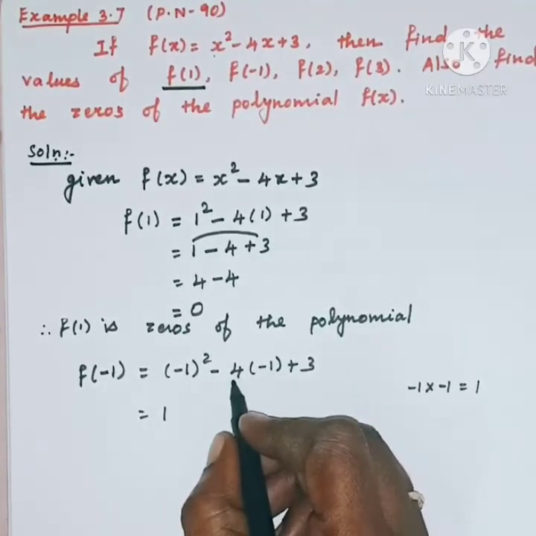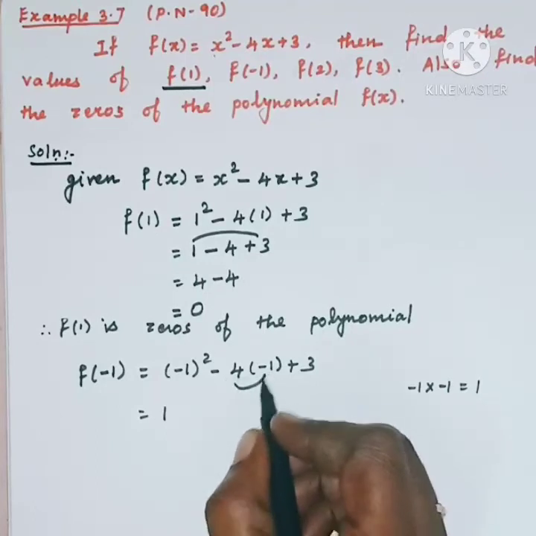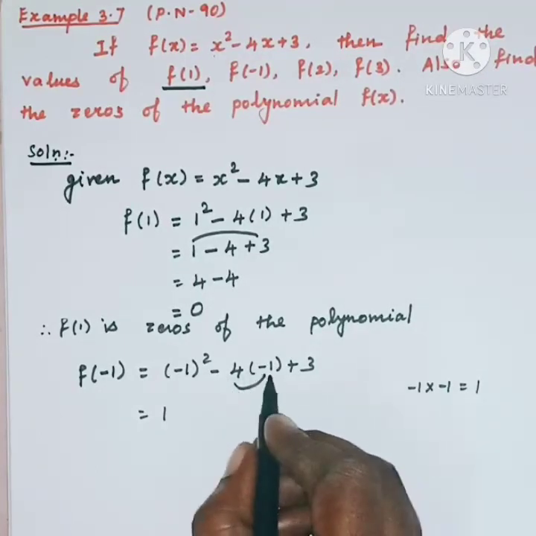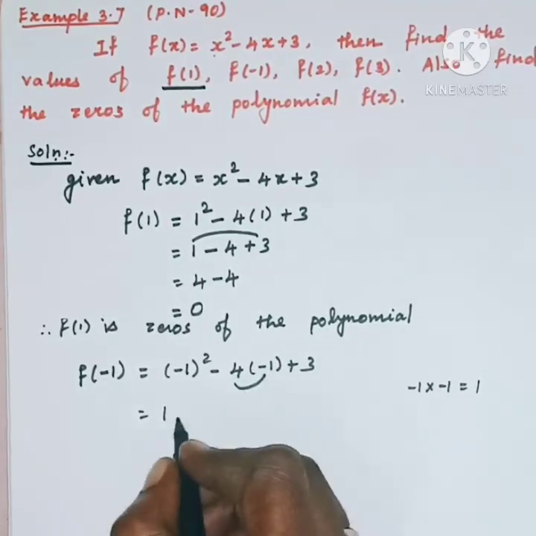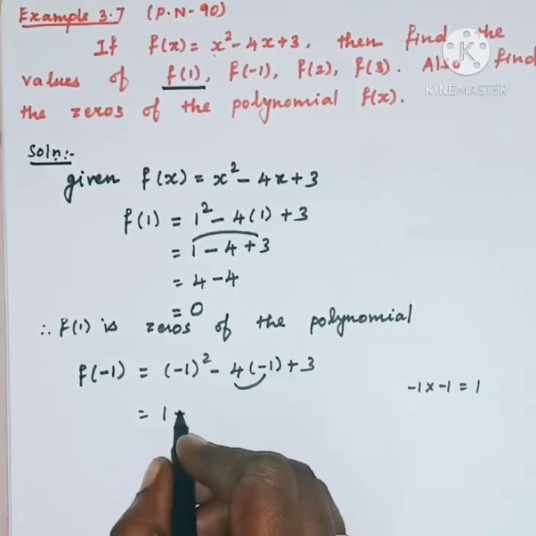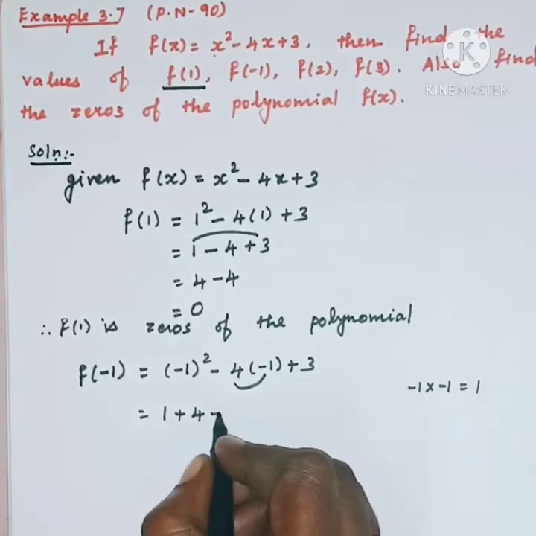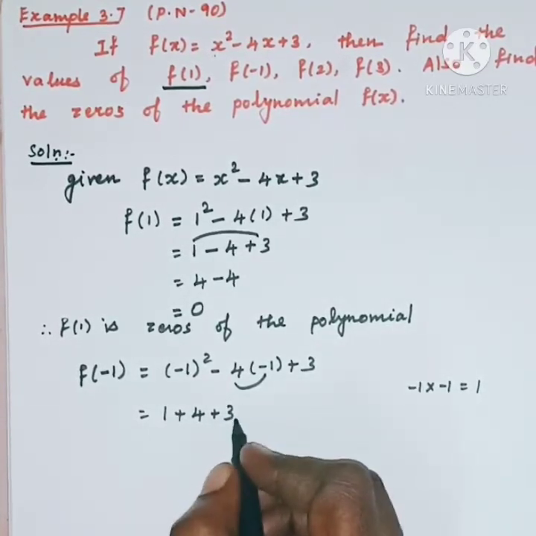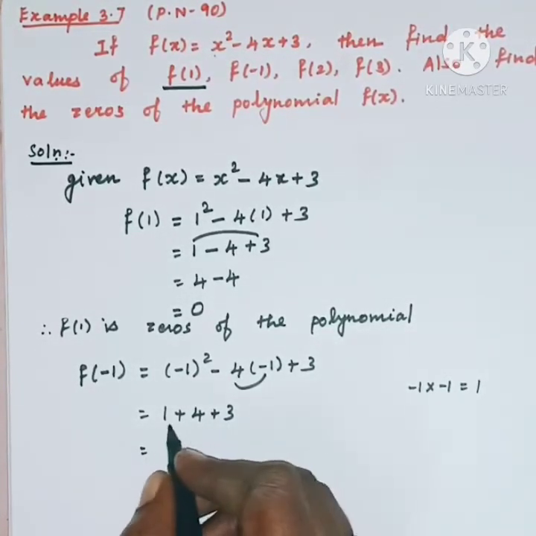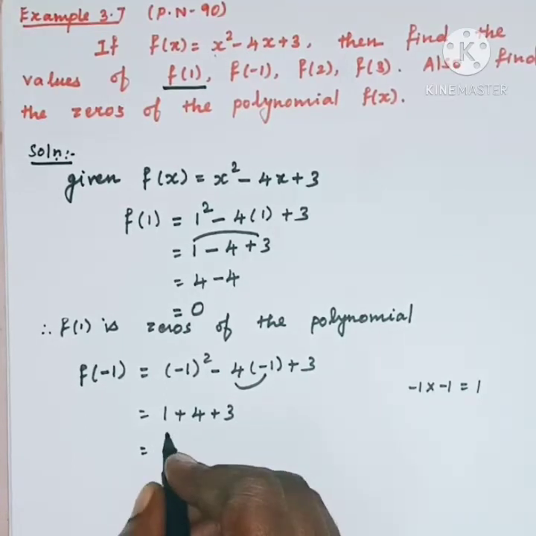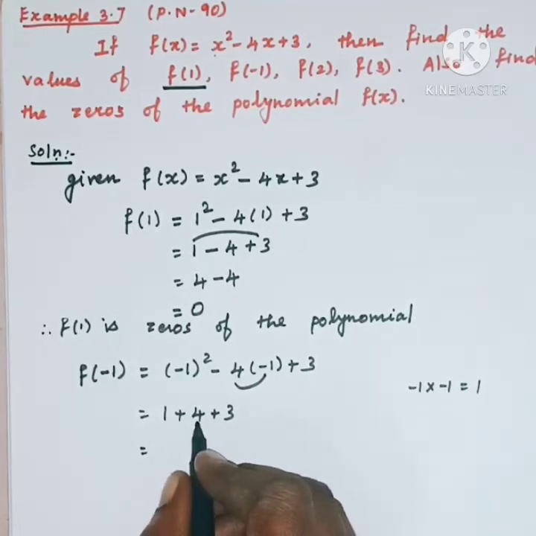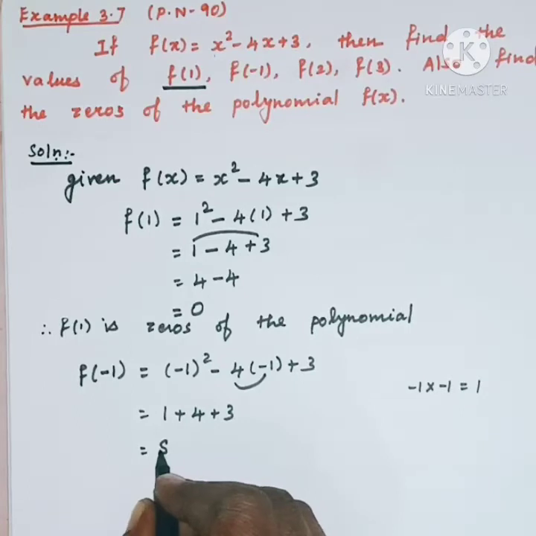Then multiplying minus 4 into minus 1, minus into minus is plus, and 4 ones are 4, so we get plus 4. In the last term we have plus 3, so write this 3 as it is. Now adding these three values, 1 plus 4 is 5, 5 plus 3 is 8.